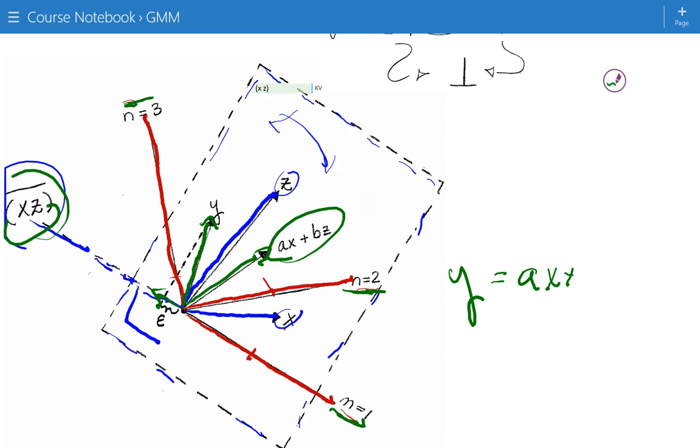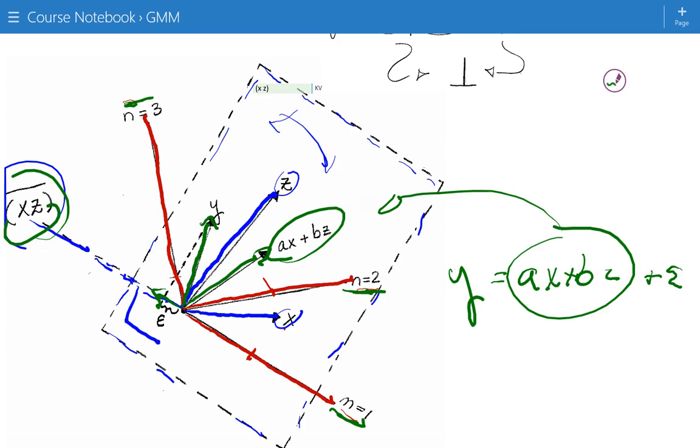So my ax plus bz is the vector, the linear combination in this plane, plus what I'll call e, the vector in the orthogonal complement of that plane. And y is equal to the sum of the two. This is actually a graphical representation of ordinary least squares. And you can break it down into looking at orthogonal complements of a space defined in terms of the number of observations.